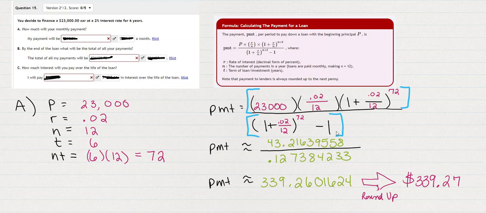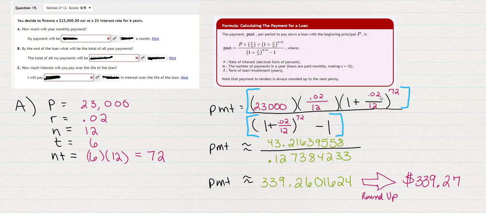So here's what I put into my calculator. I did the numerator and I started with the order of operations with this piece that had the exponent to it. So I started in my calculator with finding this sum. And to find the sum, I have to start with the division.